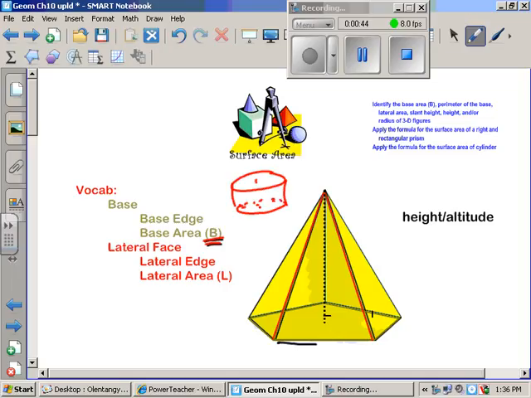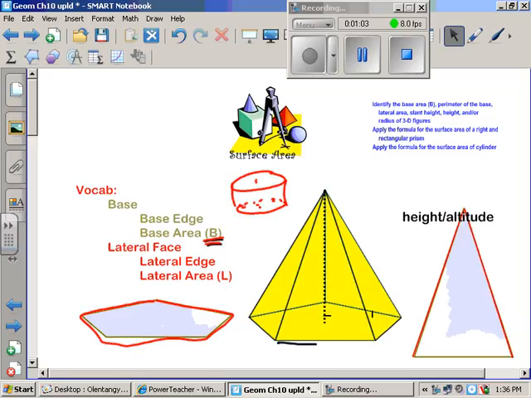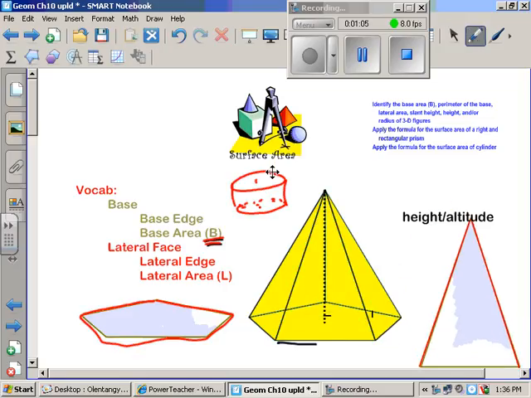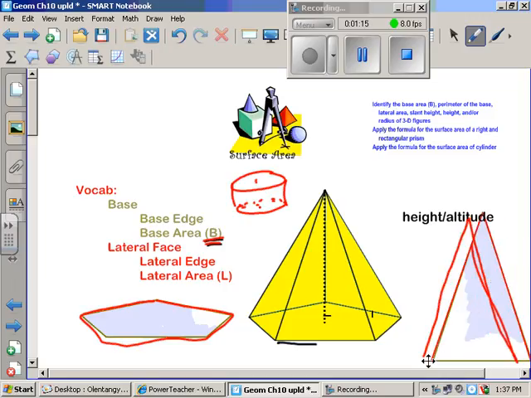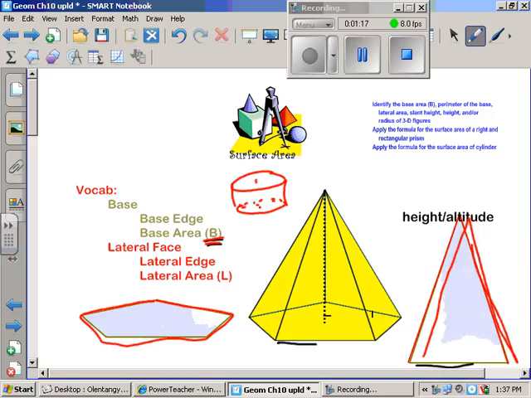And when we talk about the base edges, we mean the edges that surround the base, where the lateral area connects to the base area. When we talk about lateral edges, we're talking about the edges that connect the lateral sides. So these two would be lateral edges. And then this one down here would be another base edge.